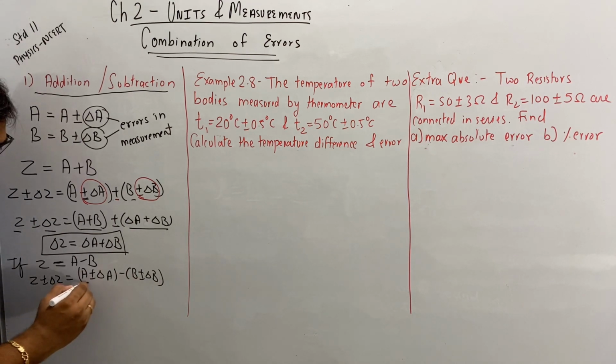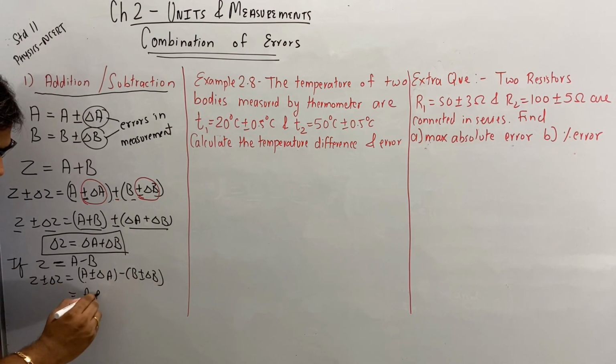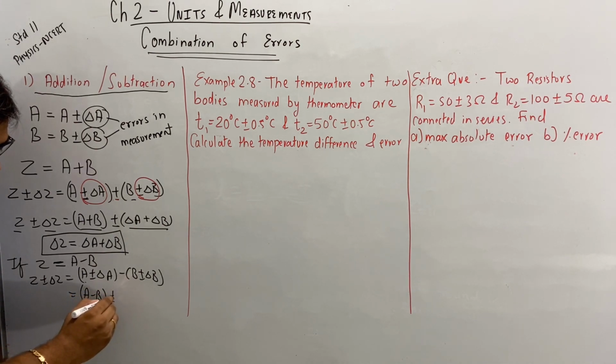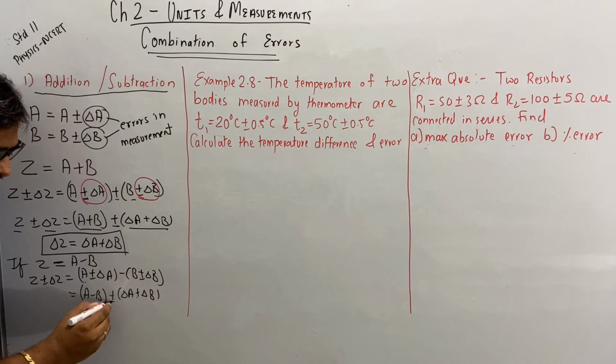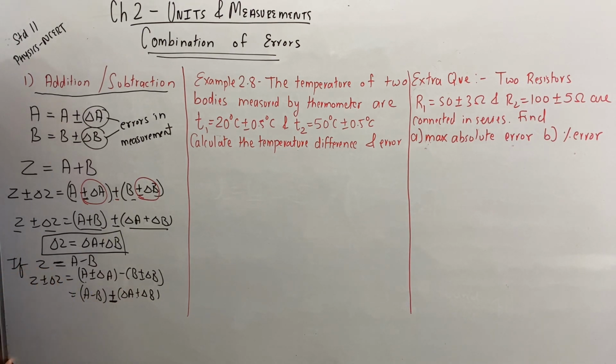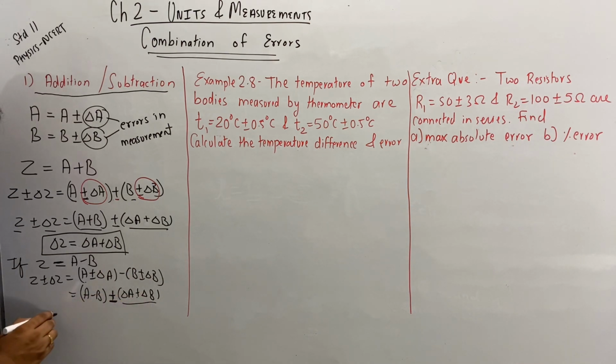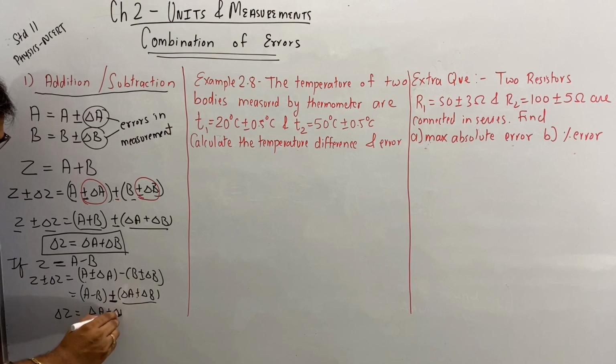So A minus B, plus minus, I will write delta A plus delta B. Here I have already used both the signs plus and minus. So the maximum error will be delta A plus delta B. So in this case also delta Z is equal to delta A plus delta B.